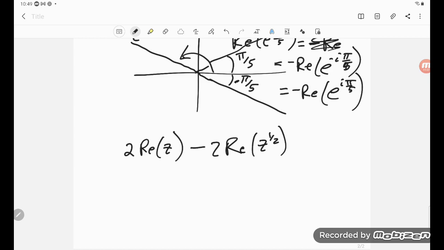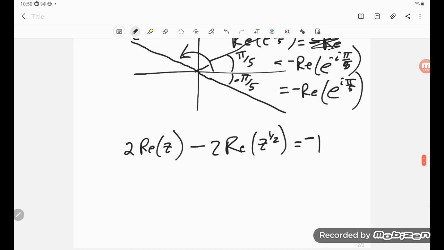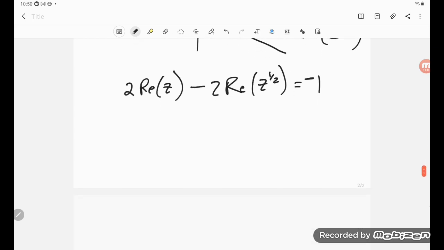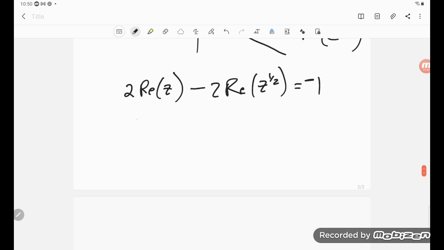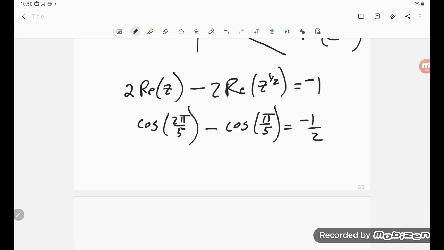And that equals negative 1, sorry. Divide everything by 2 and put in our real parts, and we get that the cosine of 2 pi over 5 minus cosine of pi over 5, since that's the real part of that, is equal to negative 1/2.